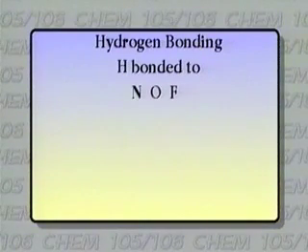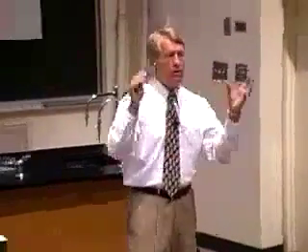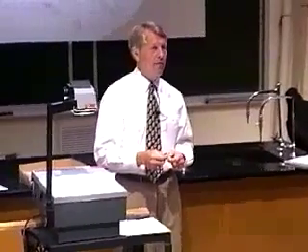So hydrogen bonding primarily occurs in compounds which have a nitrogen, oxygen, or a fluorine in it with a hydrogen directly attached to that oxygen or nitrogen or fluorine. Those are the only group, or the major group, that will have hydrogen bonding.